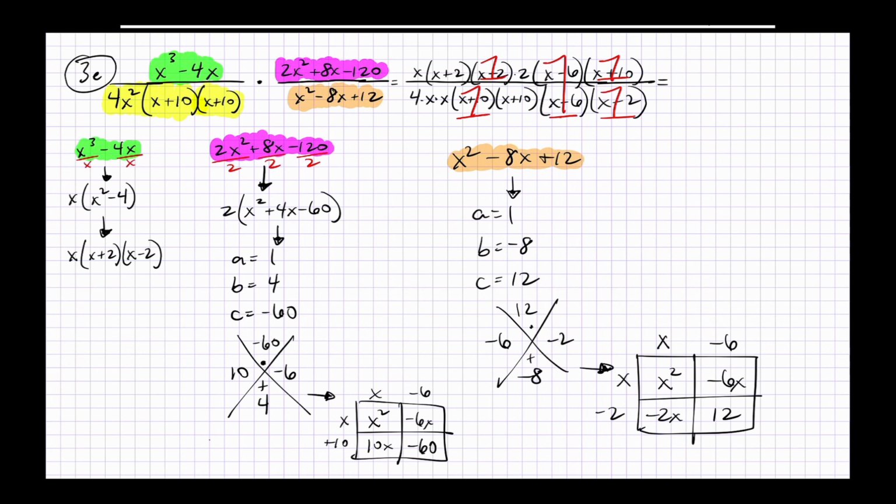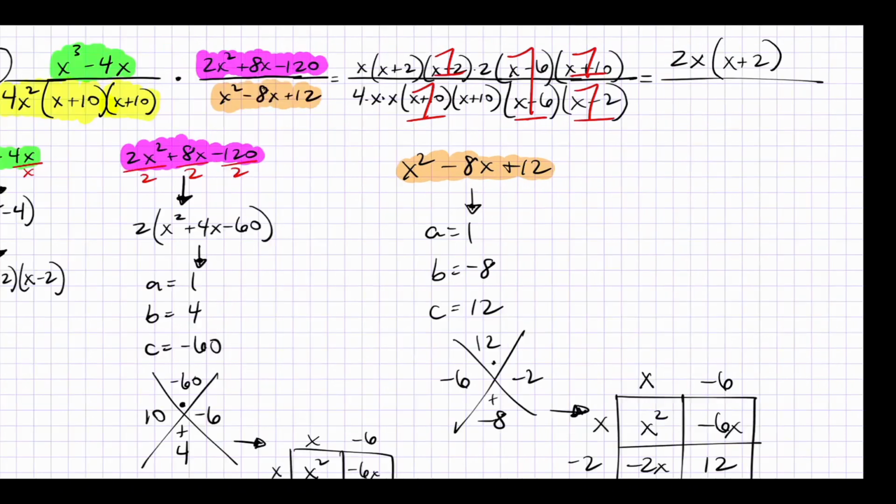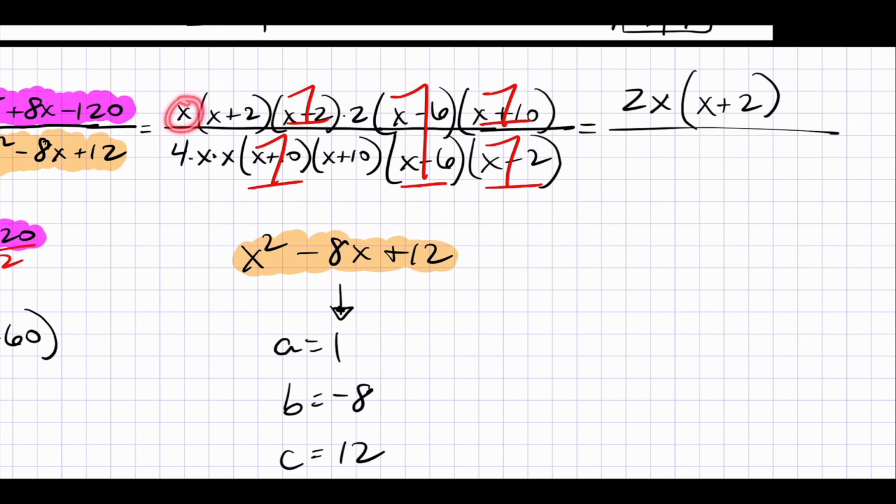So the monomials I can put together to make 2x, x plus 2, because x and 2 are monomials. They're not binomials, so I can put them together here. And then x plus 2 is a binomial. On bottom, I have 4 times x, or 4x squared, and x plus 10 left.